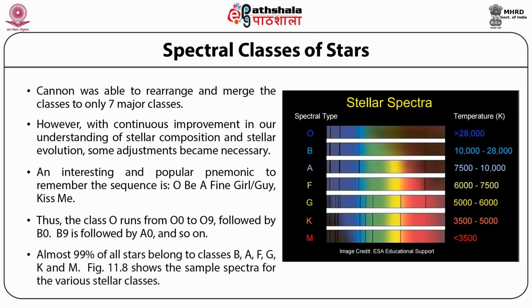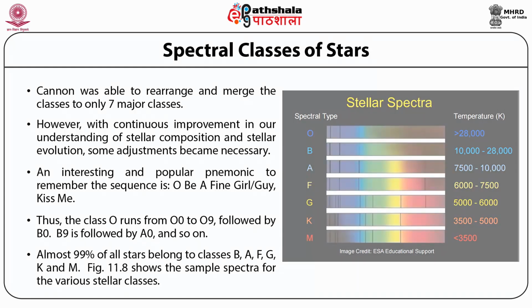Almost 99% of all the stars belong to the classes A, B, F, G, K and M. At the other extreme, the M stars have a large number of lines and molecular bands, whereas the surface temperature of the Sun is 5770 Kelvin, belonging to the spectral class G2.